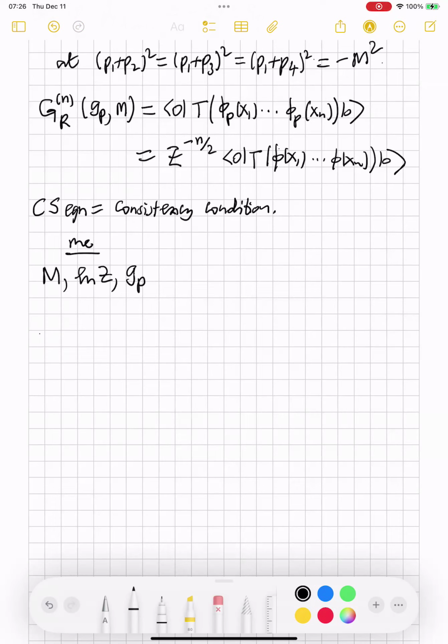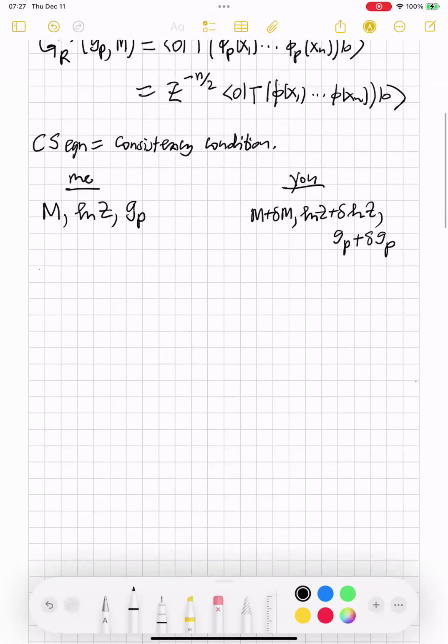On the other hand, you also renormalize the theory, but you decide to do it at a scale of m plus delta m. Your wave function normalization is log Z plus delta log Z, and you choose your coupling to be g physical plus delta g physical. So you've got slightly different renormalization parameters to me.